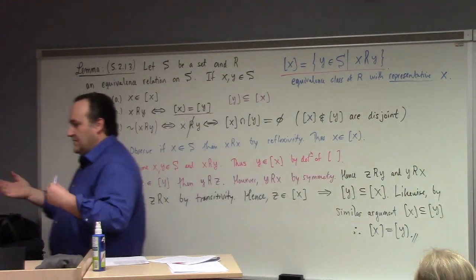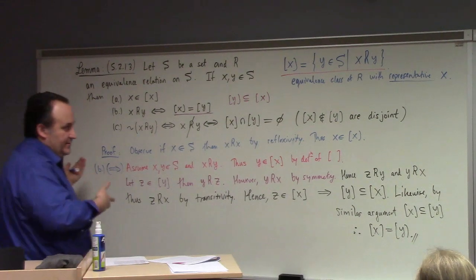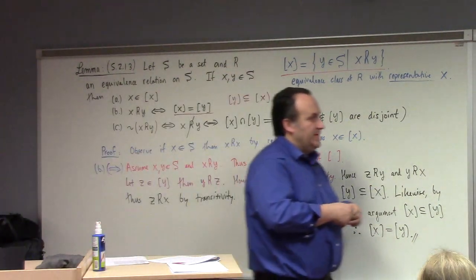Two sets are equal only if they have the same elements. So x has to be in the y equivalence class, and y has to be in the x equivalence class by part A.